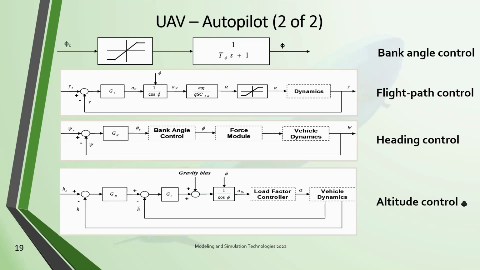In the case of altitude control, we are comparing the commanded altitude to the measured altitude, sent through a gain, and now it's compared with the altitude rate, sent again into a gain. The gravity bias is introduced, and this is again compensated by the banking of the UAV, and this acceleration is entering the load factor controller that in turn changes and controls the angle of attack.